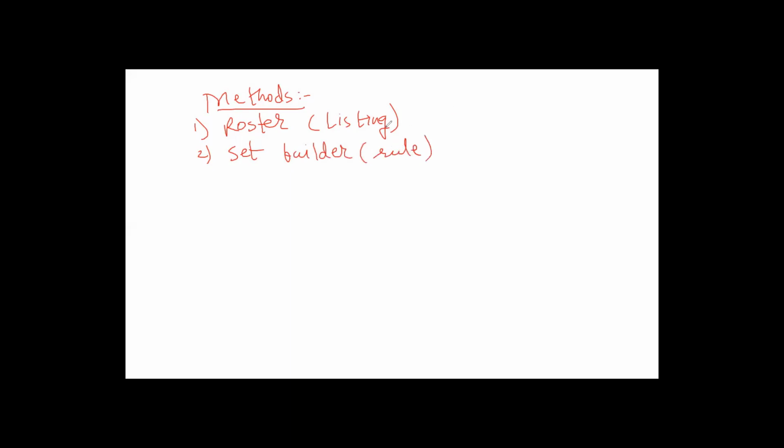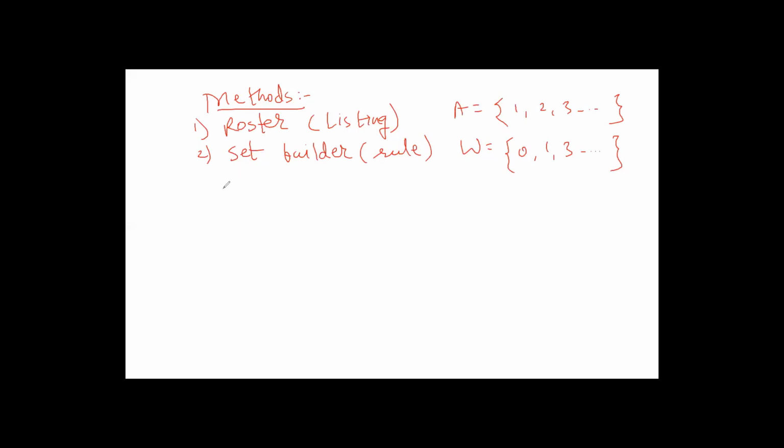In the roster method, there is a listing, for example, the natural numbers 1, 2, 3, or the whole numbers 0, 1, 2, 3. All these examples belong to the roster method. In set builder form, there is a rule. The set is described by a property.